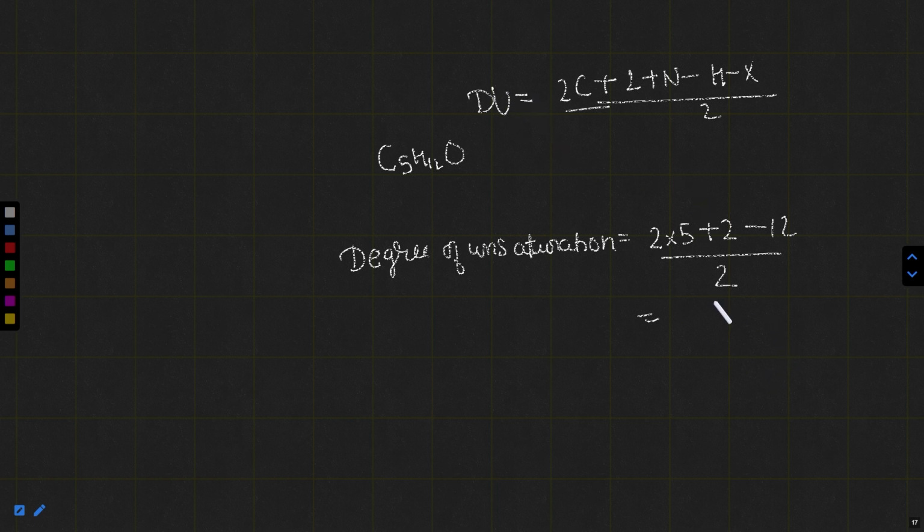Oxygen we have to ignore. Clear? We don't have to consider oxygens. We just calculate it. So 2 into 5 is 10. 10 plus 2, 12. 12 minus 12, 0. And this degree of unsaturation is 0. Means there is no double bond. Clear? There is no double bond throughout the structure.